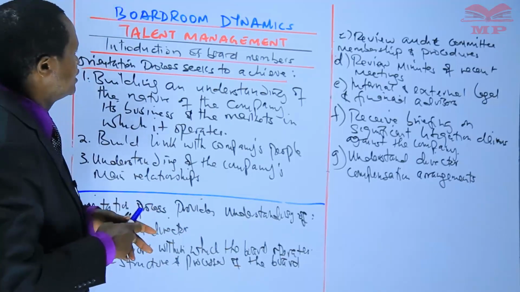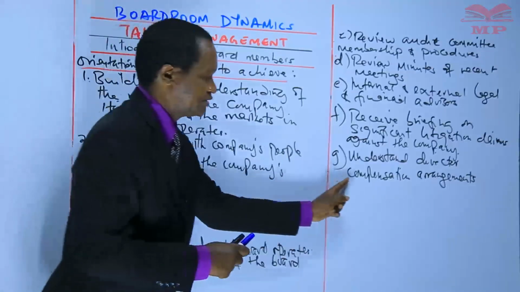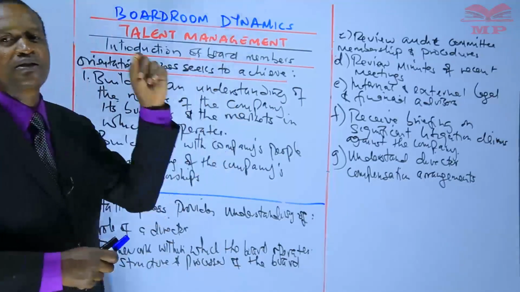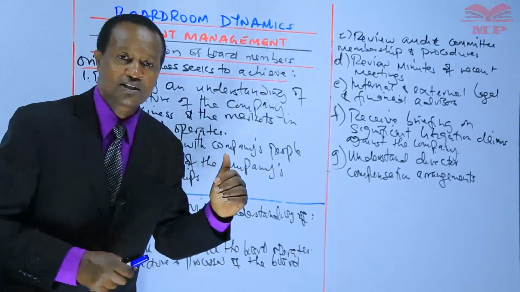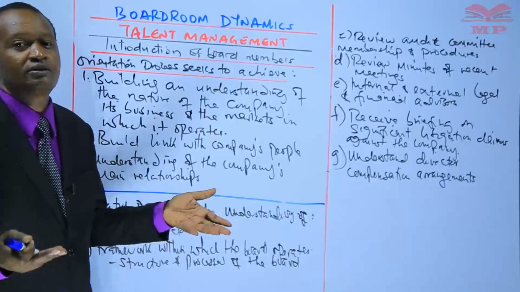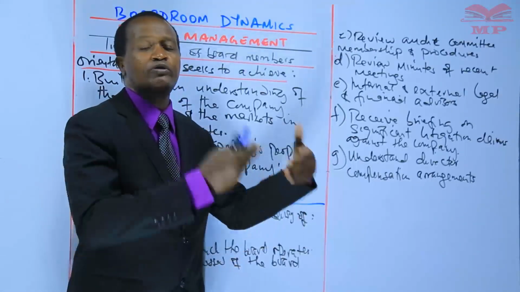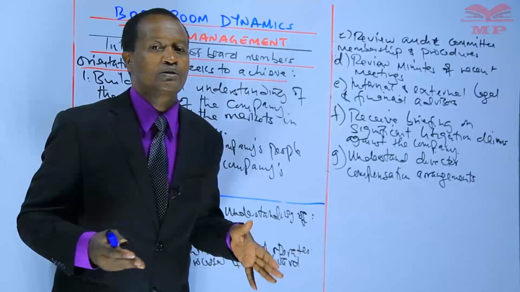When introducing a board member, candidates, lastly, I'm saying here, it is important that the director understands the compensation arrangements. How is he going to be paid? And is that payment commensurate with the effort that you will be providing on the board or not?